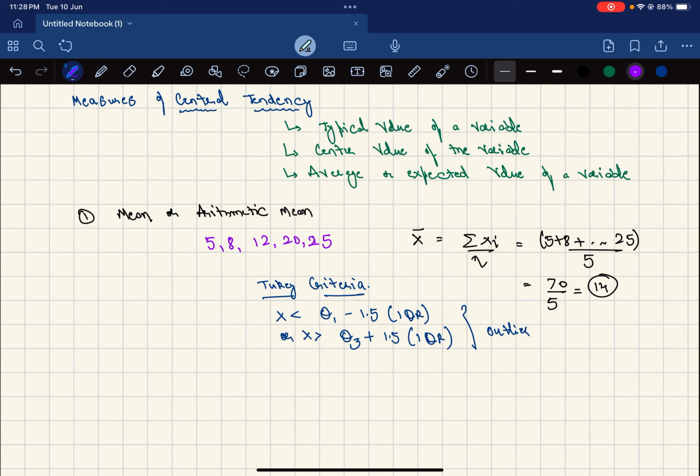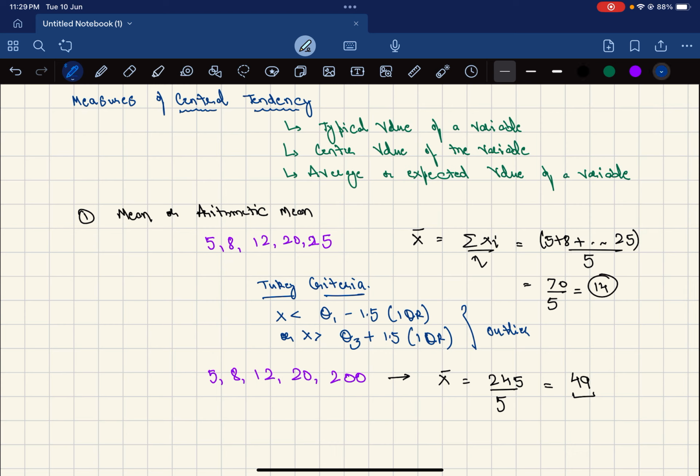Now let us take an example. We take a set of values here: 5, 8, 12, 20, and let us say the last value here is 200. In this case, if we calculate the mean, we once again sum up the values: 5 plus 8, 13, plus 12, 25, plus 20, 45, plus 200, 245, divided by 5. This comes out to be 49. Although 49 is the arithmetic mean of this set of values, it clearly doesn't represent a typical value in this data set.